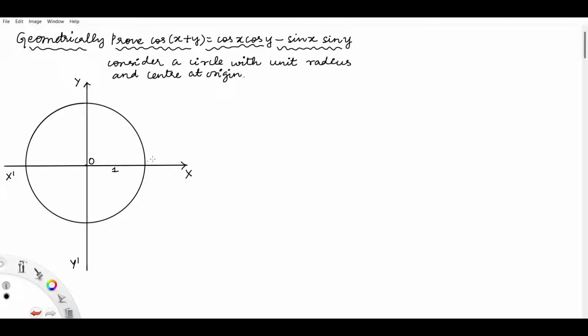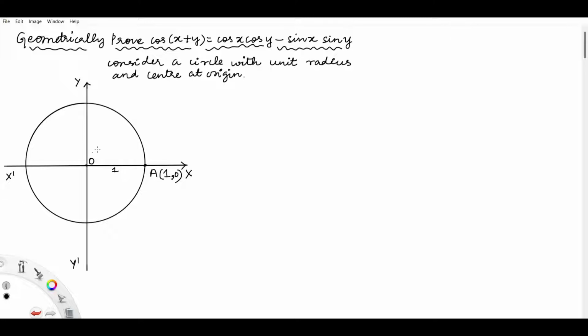Next, let me take a point A here on the x-axis and on the circumference of the circle. We know that any point on the x-axis can be represented as x comma 0 because the y coordinate is 0. So here we know this is 1 unit. So the coordinates of A, I can write as 1 comma 0.